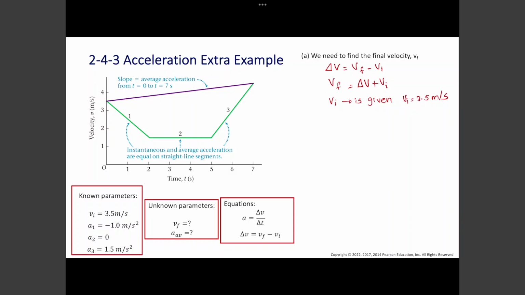Now what is delta V? Change in velocity. So we have 3 different line segments with 3 different acceleration values. So delta V is delta V1 plus delta V2 plus delta V3. That means change in velocity at the first line segment, which is delta V1, and change in velocity in the second line segment, which is delta V2, and the change in velocity in the third line segment, which is delta V3.